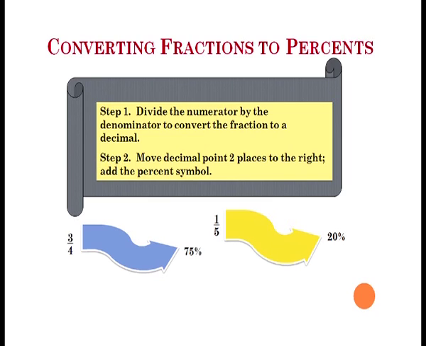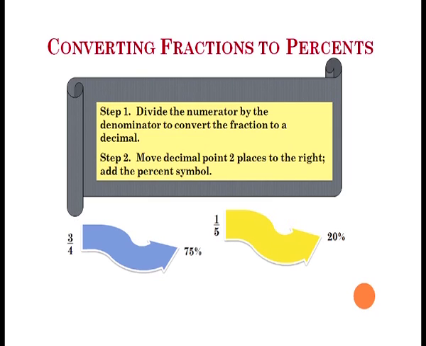For example, take the fraction 3 by 4. Its decimal value is 0.75. This is the first step. Moving the decimal point 2 places, we get 75, and as per the principle, at last we give the percent symbol, so it is 75%.